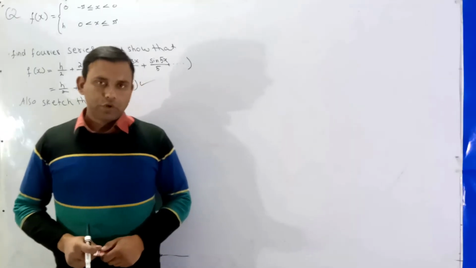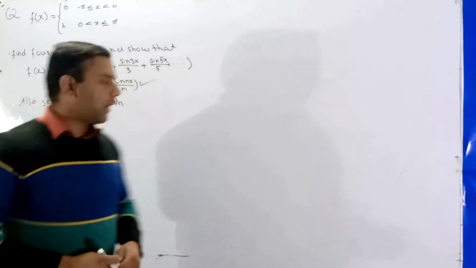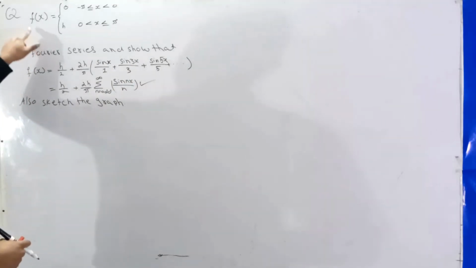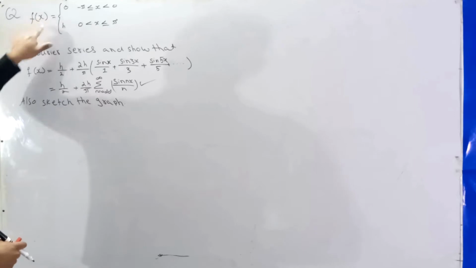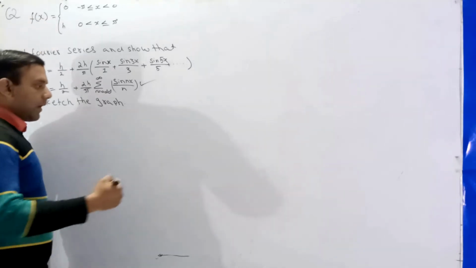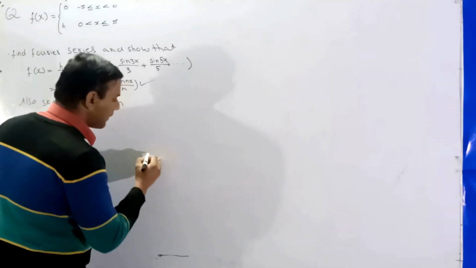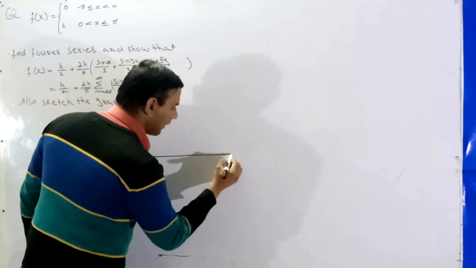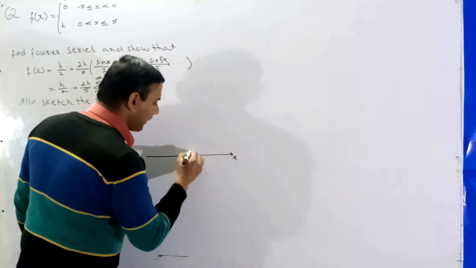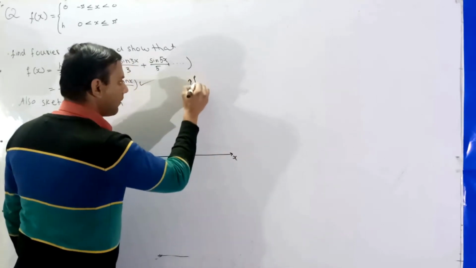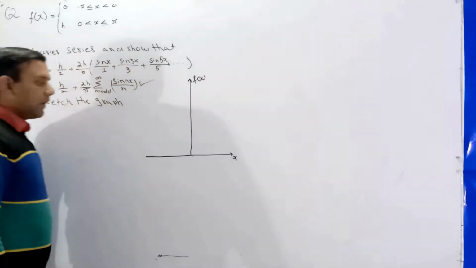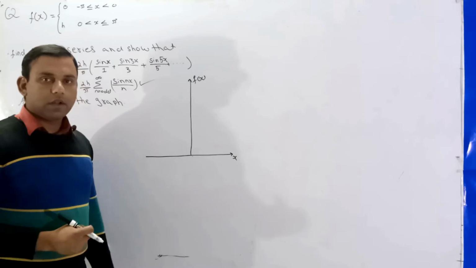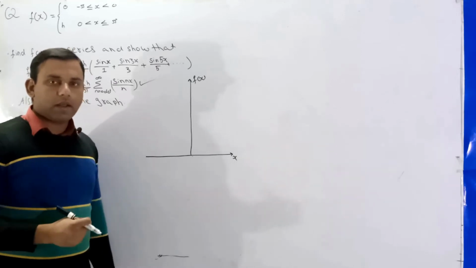And now I am going to solve this question. First, I will guide you how to plot the graph. Actually, we have to plot the graph between f of x and x. Then we have to draw a plane in which x and f of x are contained. Here x, and in this plane f of x. Then after this we have to mark the lines, the values and limits of x and f of x.